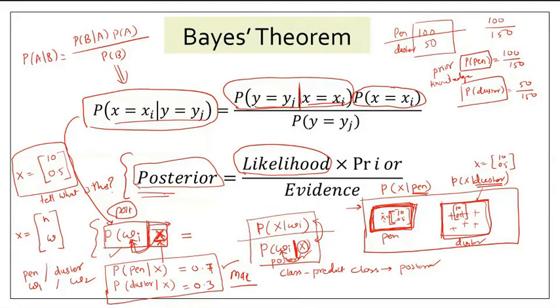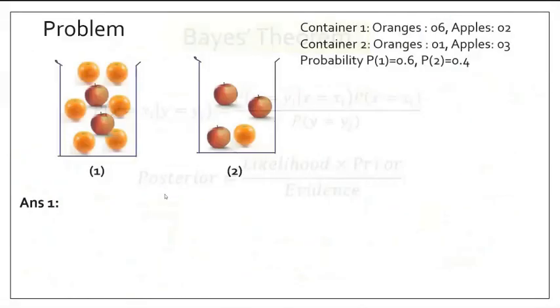So we will take an example so that these things are more clear. Now let us take this example. There are some apples and oranges, and there are two containers, container 1 and 2. Container 1 consists of 6 oranges and 2 apples. Container 2 consists of 1 orange and 3 apples.